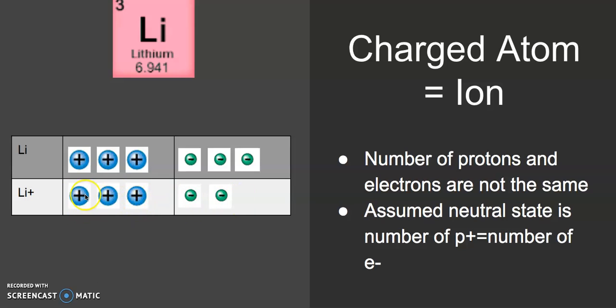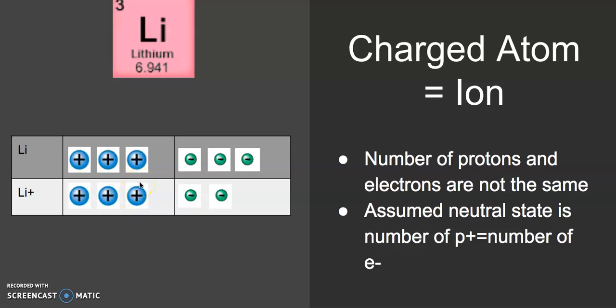Since it has 3 protons, it's still a lithium atom. But since it has an unequal number of protons and electrons, it is a charged molecule. There's one more proton than electrons, and this leaves us with one extra plus over here.